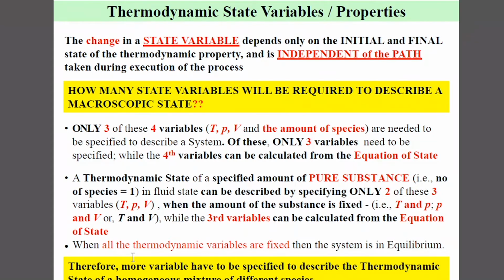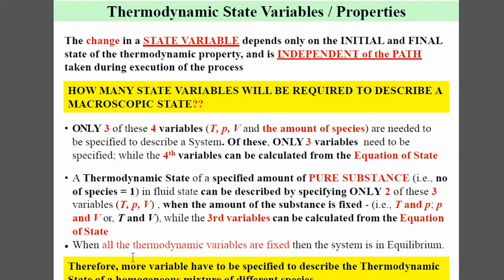Suppose a thermodynamic system has a specific amount of pure substance, a single, homogeneous phase, and the amount is known. Then how many variables are required to define that state? Since the amount is fixed and it's a pure state, from all these 4 variables I now require only 2.